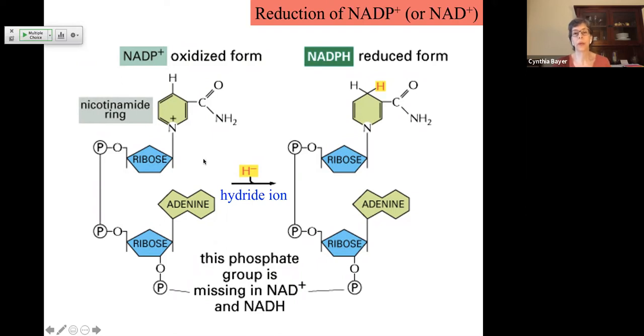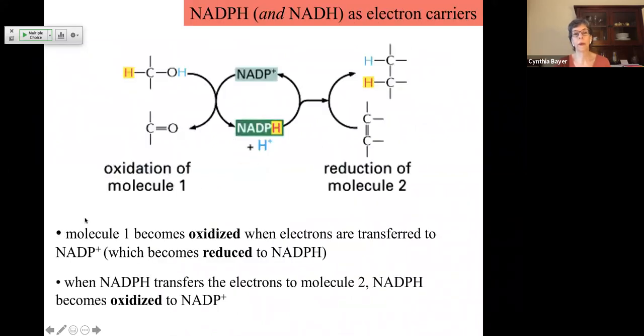And what we'll be seeing in both photosynthesis and cell respiration is how these electron carriers are sequentially oxidized and reduced, carrying electrons around from one molecule to another. And that's what we see here.